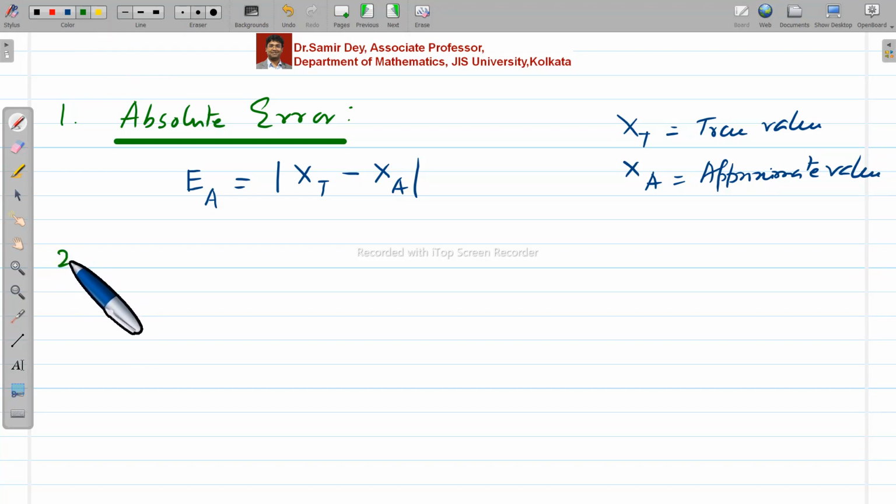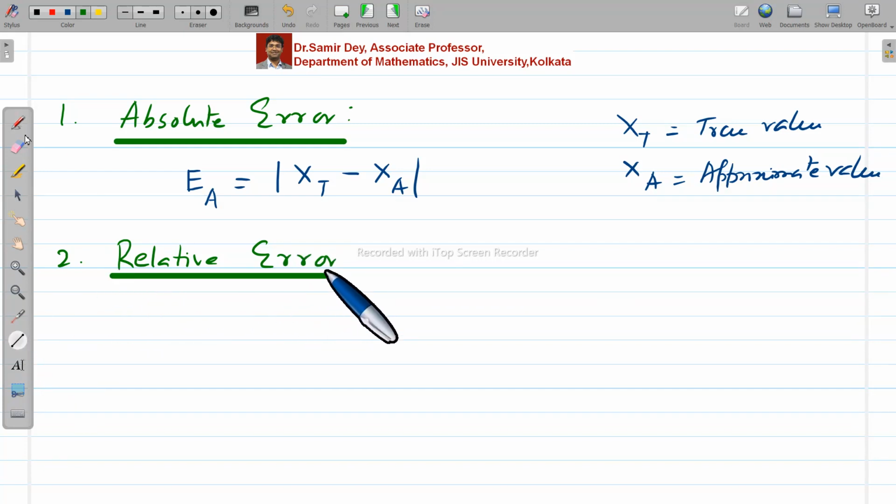Second one, number 2, is relative error. What is relative error? Basically, E stands for error, R stands for relative error. Relative error is equal to EA by XT.